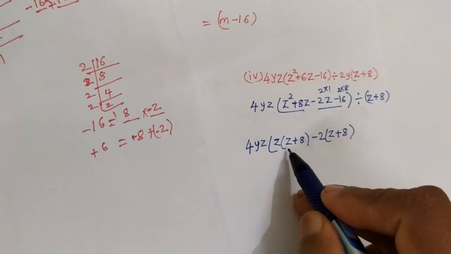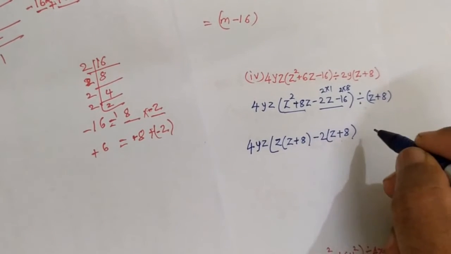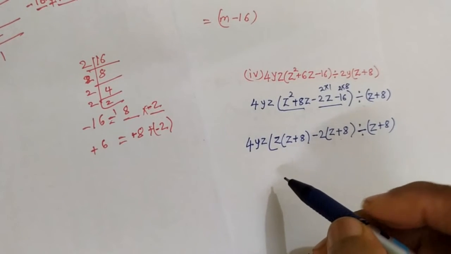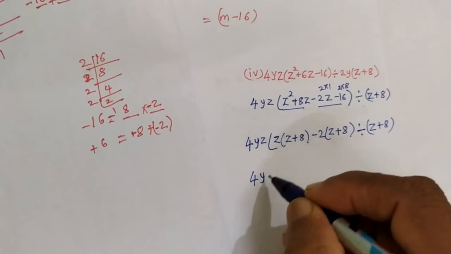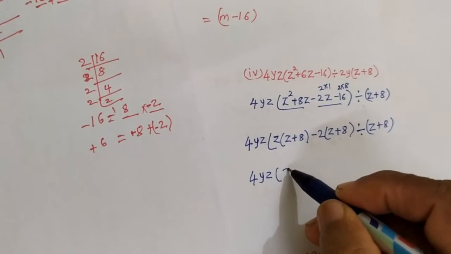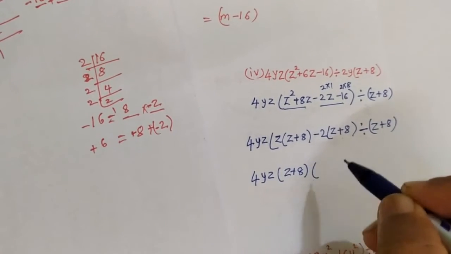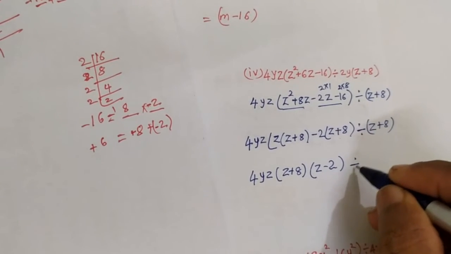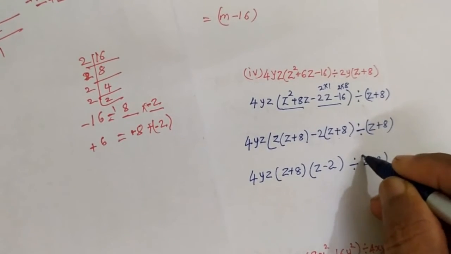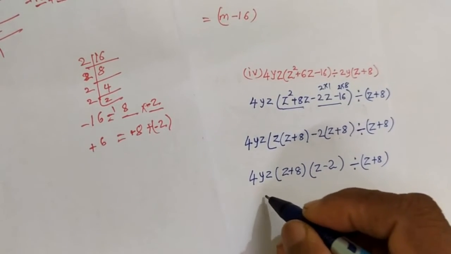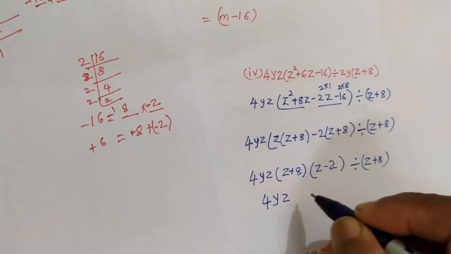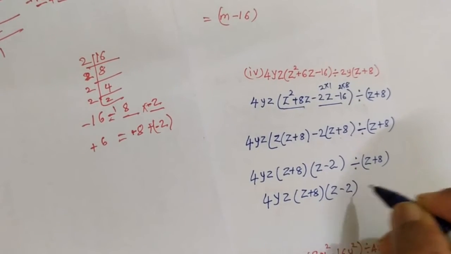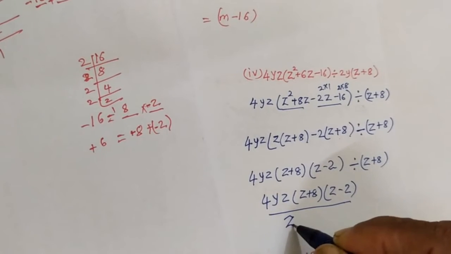We can get an idea from this bracket. So it is z plus 8 divided by z plus 8. So we'll write down 4yz into the bracket z plus 8, it is 2 times, and this is z minus 2, divided by z plus 8. So we will take this into the denominator: 4yz into z plus 8 into z minus 2 upon z plus 8.